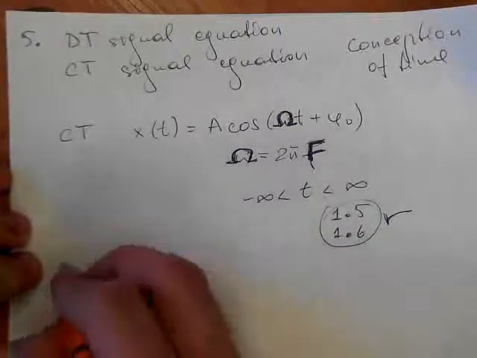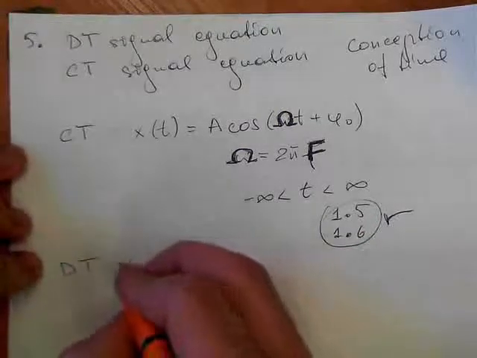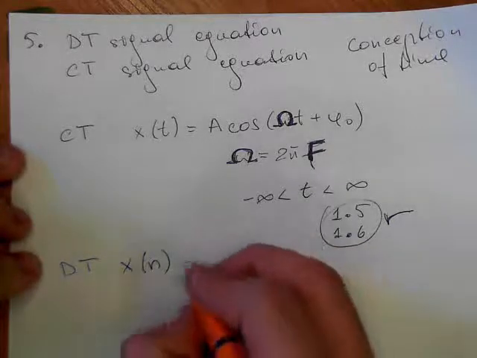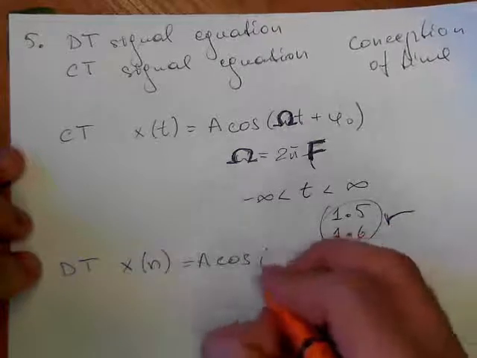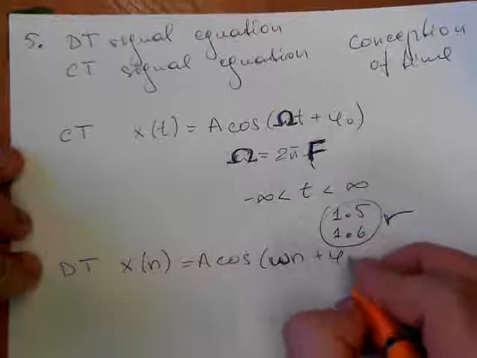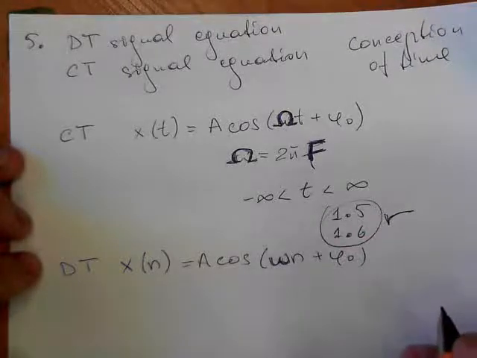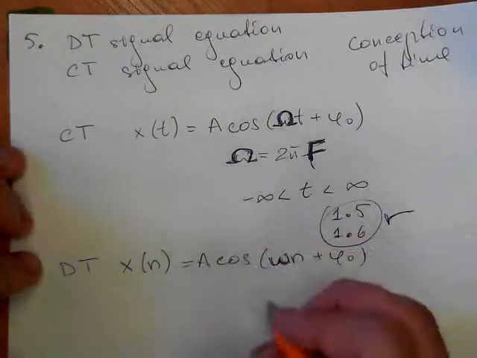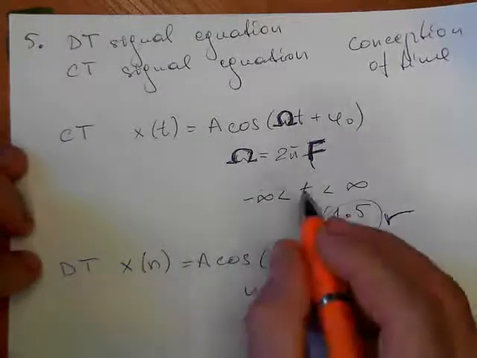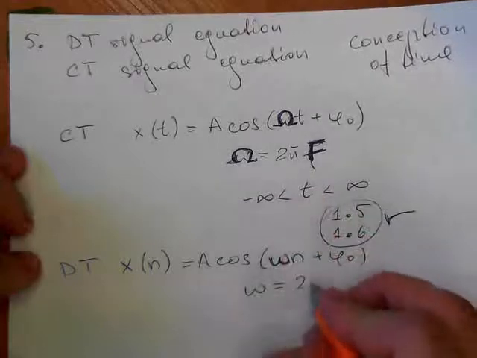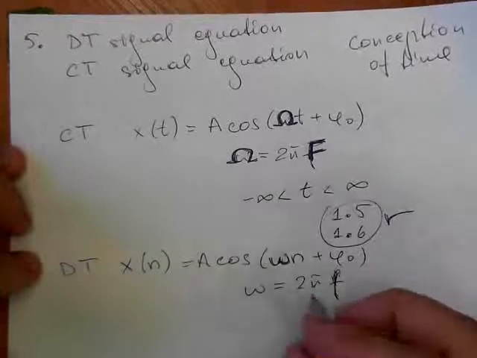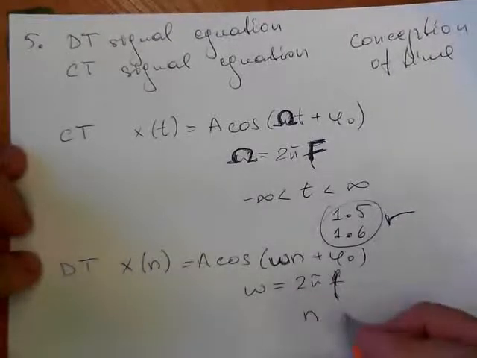So in discrete time we have the equation x[n] = A cos(small omega n plus initial phase), and respectively we have the same equation, omega = 2 pi small f, and here we have n instead of t.